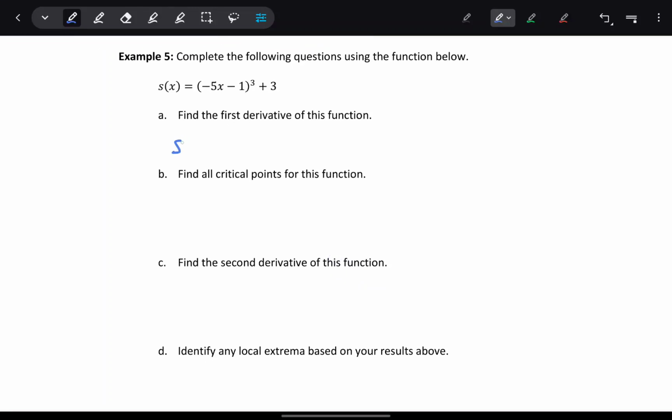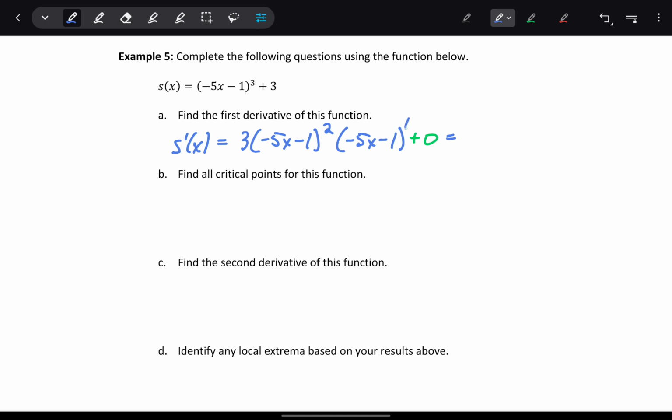First, we need to find the first derivative of our function s of x. To do this, we'll require an application of the chain rule. So this will become 3 times negative 5x minus 1, that quantity squared, times the derivative of that interior function, plus the derivative of 3 will just be 0.